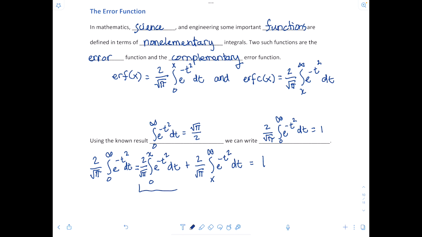And so this here is the error function of x, and this guy here is the complementary error function of x. Groovy?